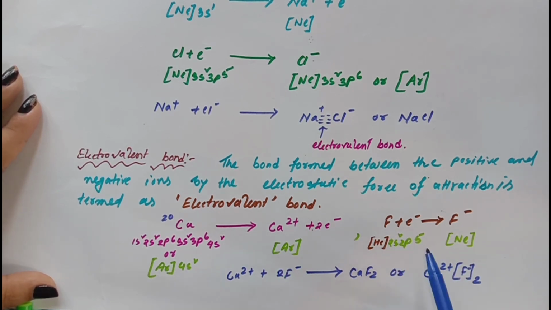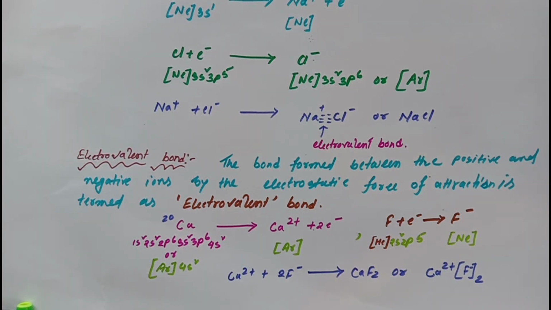Similarly, in the case of fluorine, the valence electronic configuration is 2s2, 2p5, and after gaining an electron, it will get stability and have the nearest noble gas electronic configuration, neon. After combining both of these ions, they will form calcium fluoride. So the bond between them is known as the electrovalent bond. So this is all about the reason for the formation of chemical bonds between the constituent atoms or ions.